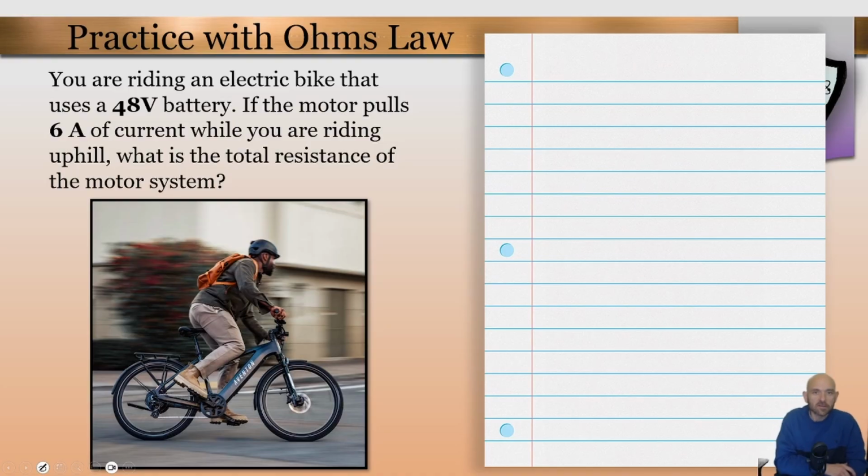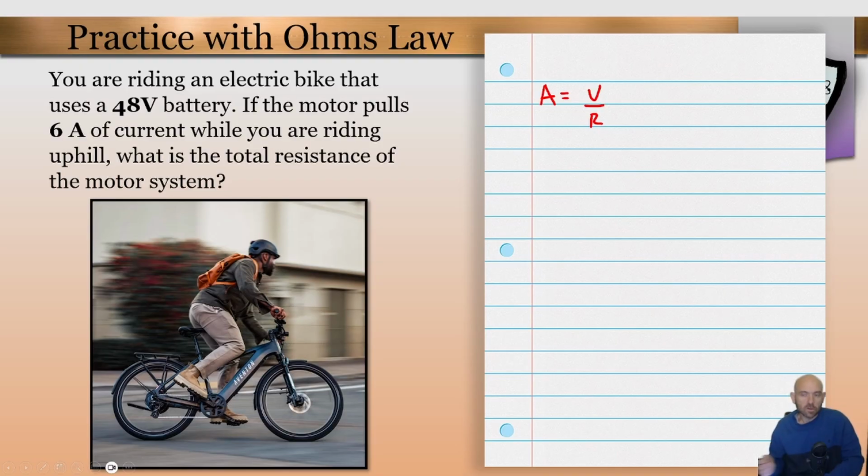Here in our last example, we're going to be asked to solve for resistance given the voltage and the amperage. The problem reads, you are riding an electric bike that uses a 48 volt battery. If the motor pulls 6 amps of current while you are riding uphill, what is the total resistance of the motor system? As we said before, amps is equal to the volts divided by the resistance.